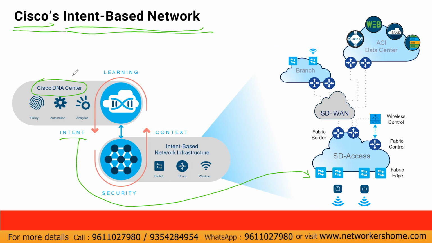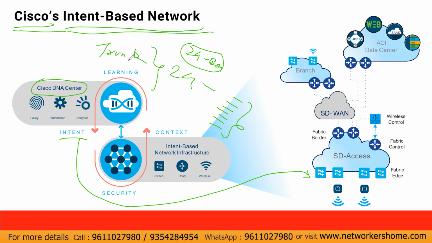Exactly. Just to give an example, there are 24 ports on a switch. Now, if we have 24 users, we configure each specific port manually, right? By going into switchport mode access, switchport access VLAN. The same thing is done, but we don't do it. It is the template which does it. So if I have to make it trunk, there is a trunk template.